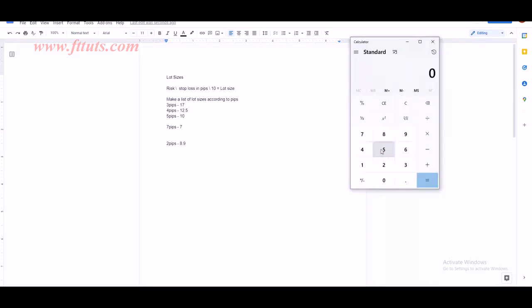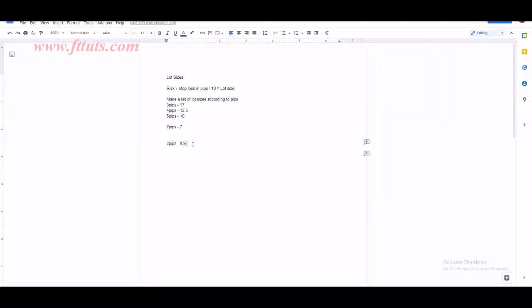So we're going to use our formula. You're going to grab whatever the percentage of risk that you're working with in your account. You're going to put that in. You're going to divide it by 2 pips and then divide it by 10. It's going to give you 25 for a lot size. So we'll put in 25. So then we're going to go 3 pips.